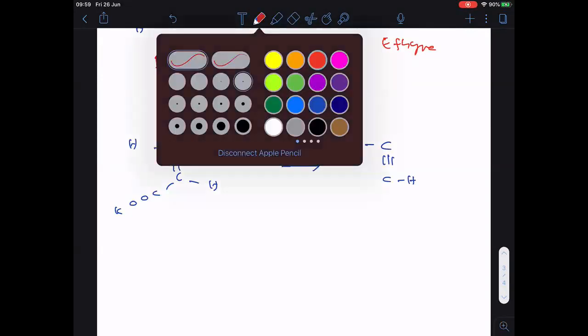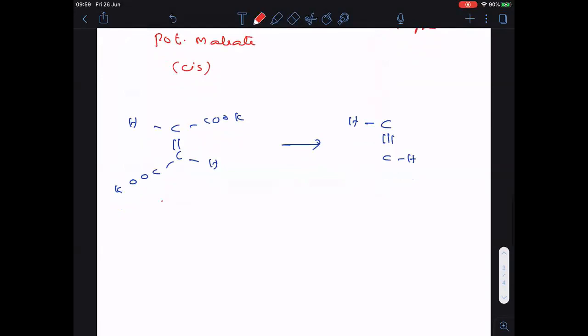First of all, what is the name of this trans isomer? Remember, trans isomer is said to be potassium fumarate. Clear? And here again the product obtained is same, that is ethyne.